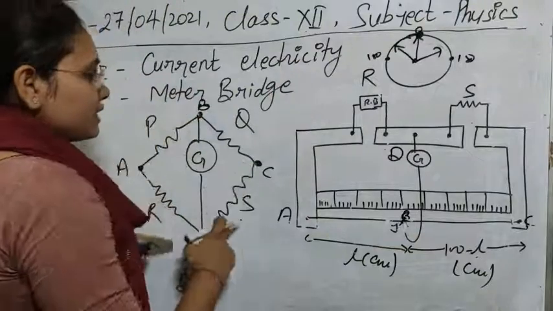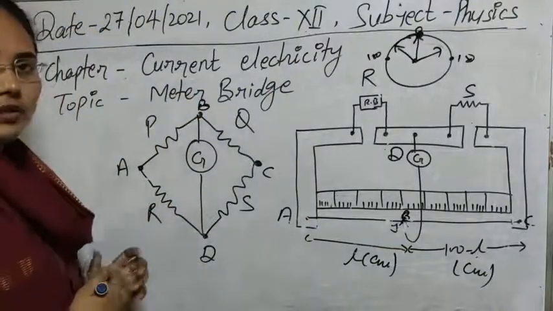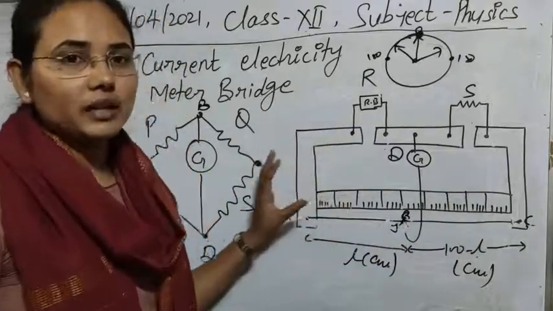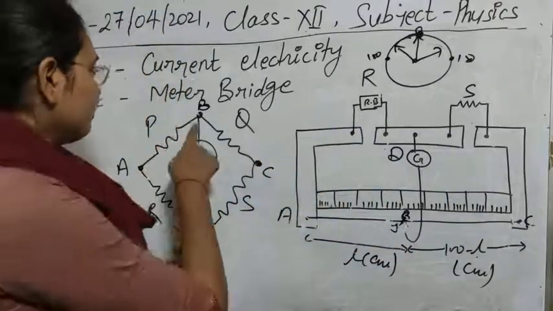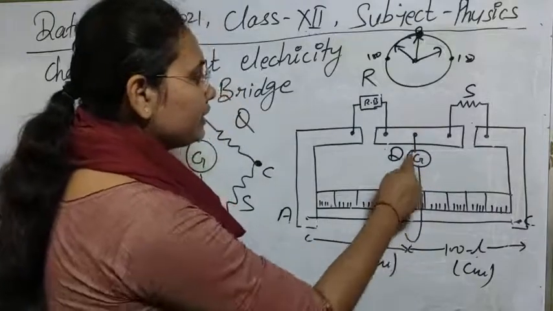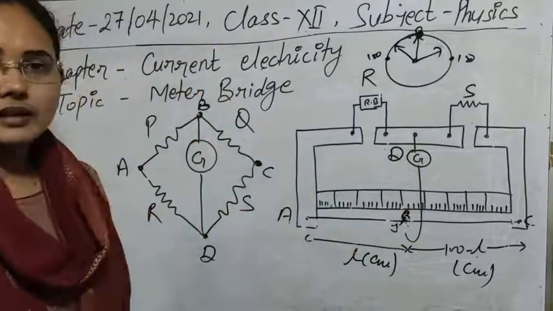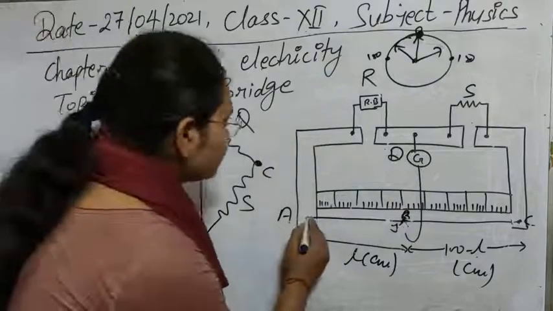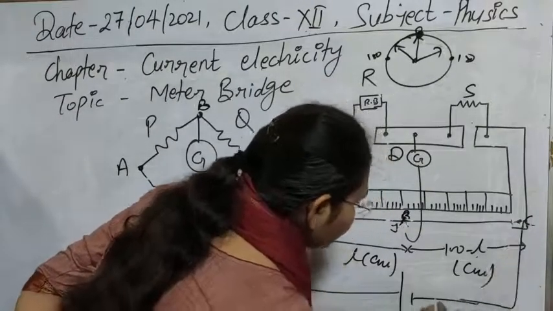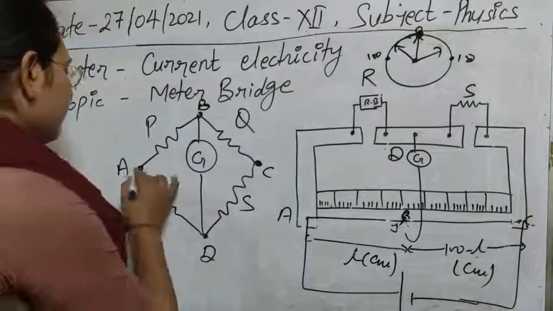So in this way we are seeing 4 wires or 4 resistances. We have designed it in such a way that it is forming a bridge here. In between B and D, this is our D point, this is our B point, we have connected a detecting device, a galvanometer, and we are also connecting a battery through these 2 points A and C. So this is our connection.